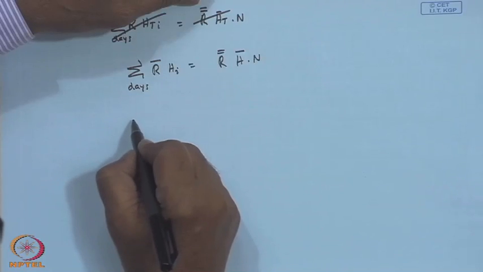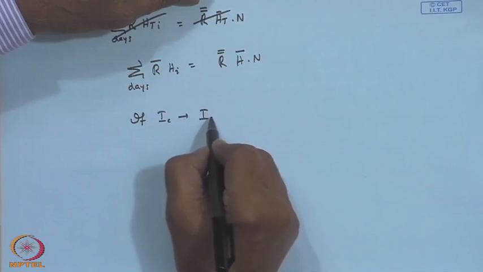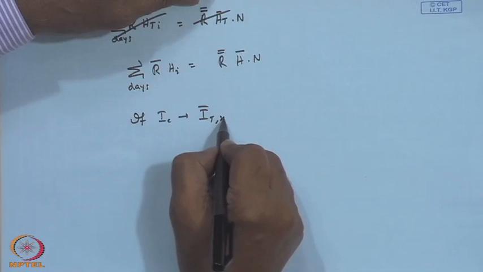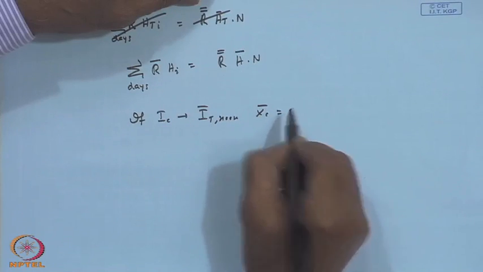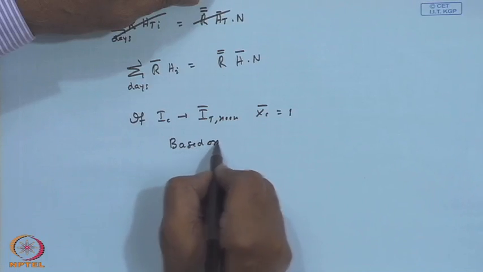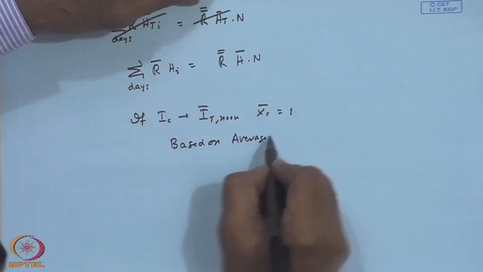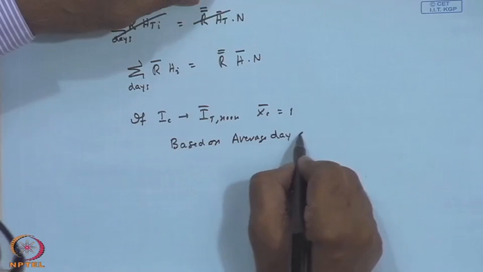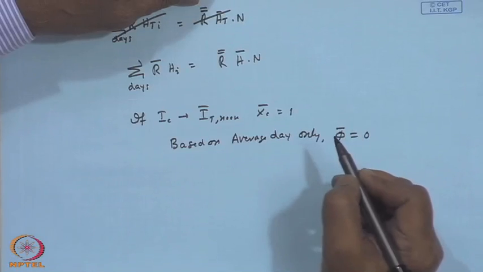Why not for the utilizability? That is because if I c equals I t bar noon, x c bar is equal to 1, and based on the average day only, my utilizability will be 0.